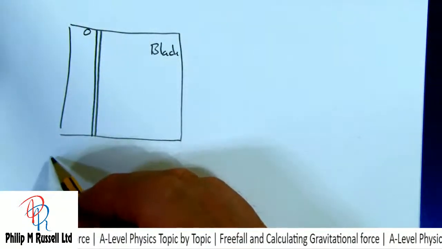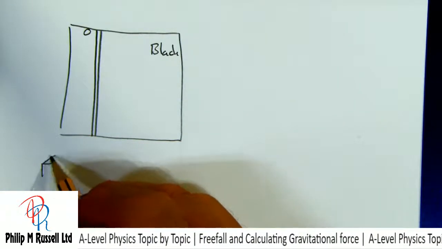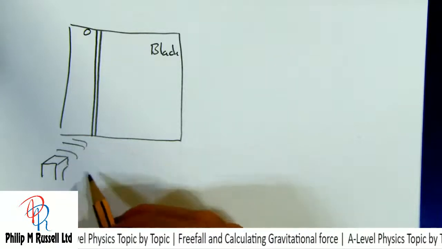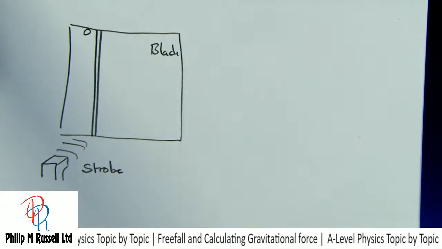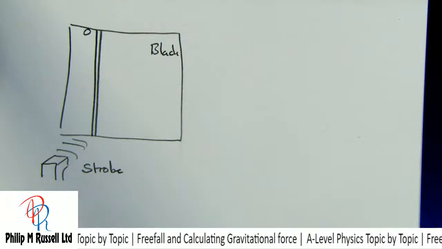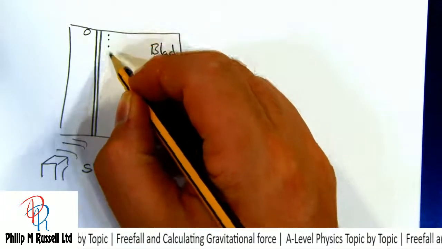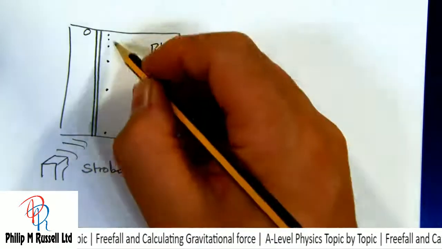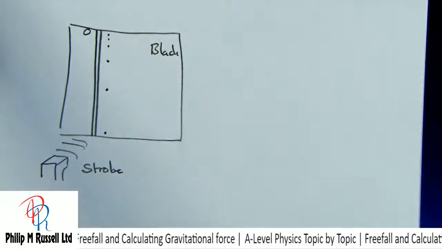Here is my camera and flash gun, and the flash gun is a strobe flash gun. We open up the aperture and get the readings of the ball falling, and what we see is the ball gets gradually larger and larger, because we can then work out the acceleration due to gravity.